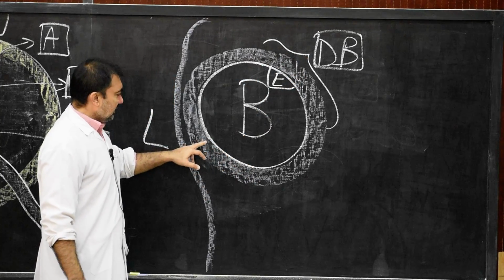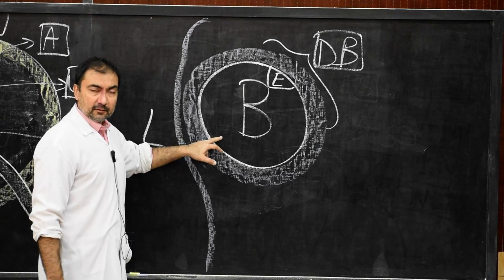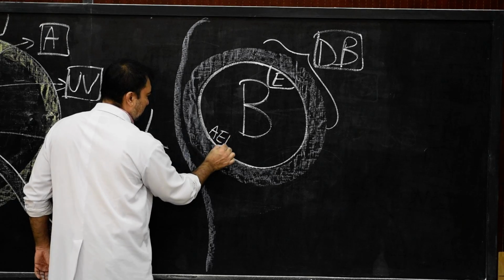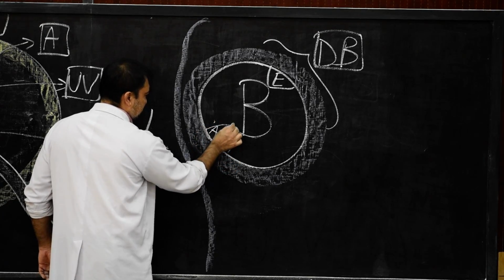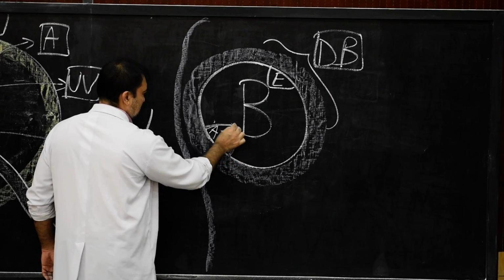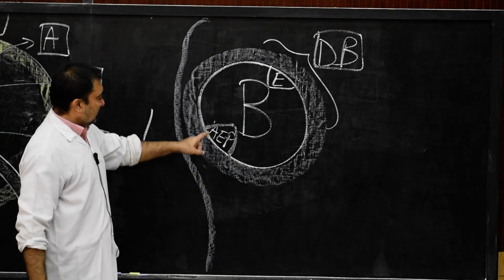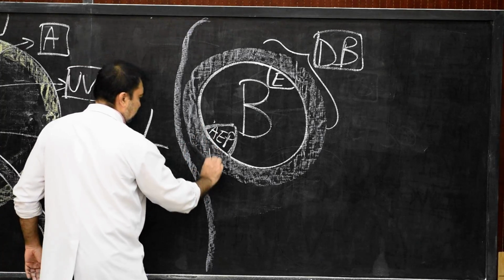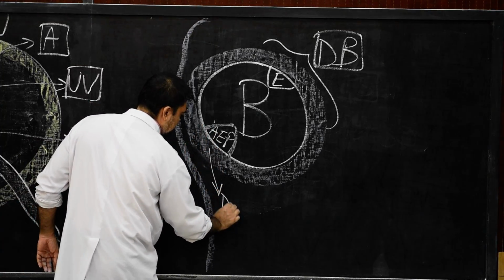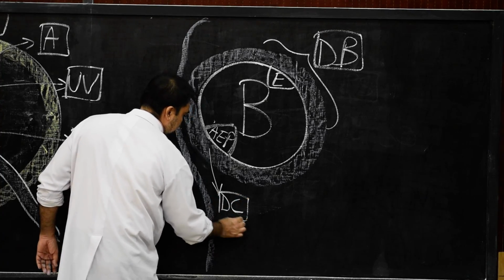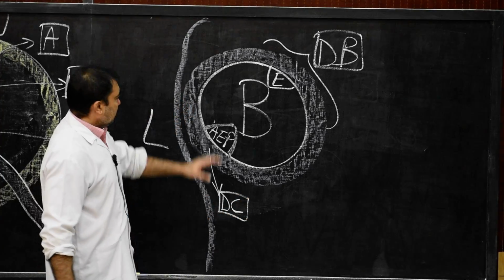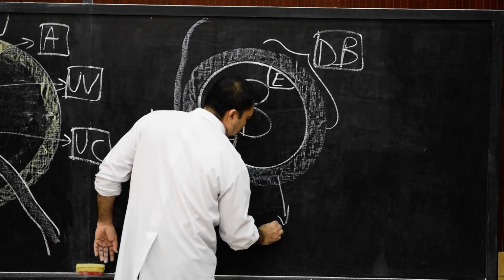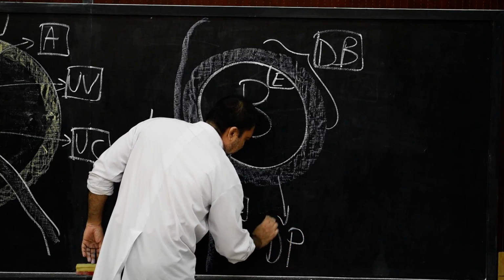The portion of decidua covering the pole which is just opposite the embryonic pole will be known as decidua capsularis. And the entire remaining portion of decidua will be known as decidua parietalis.